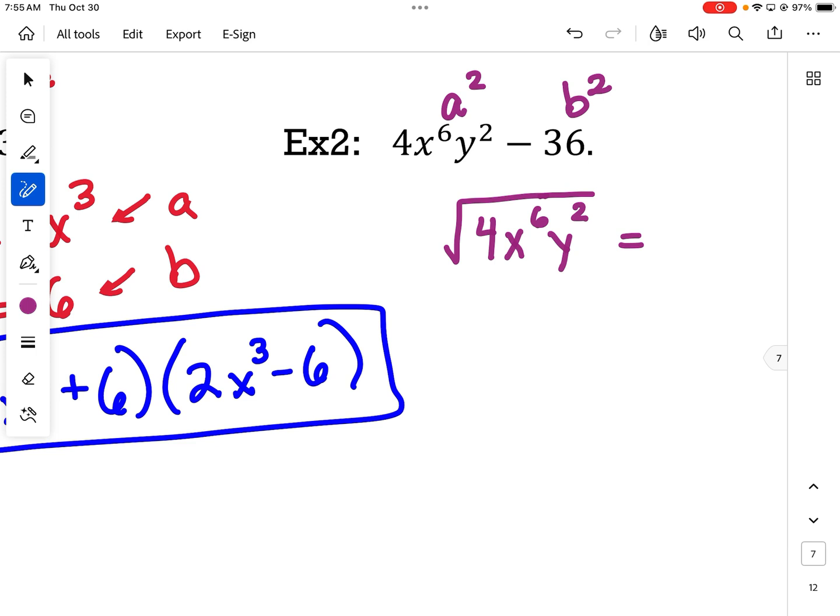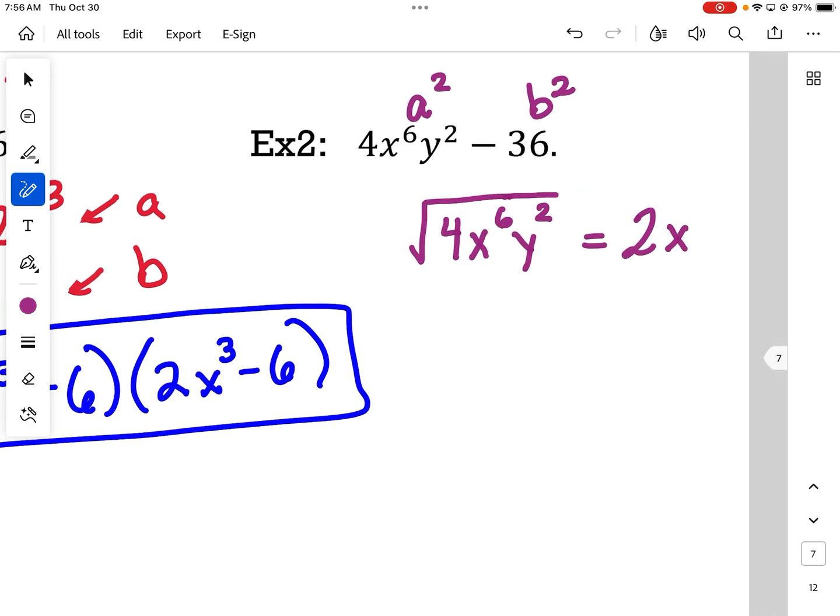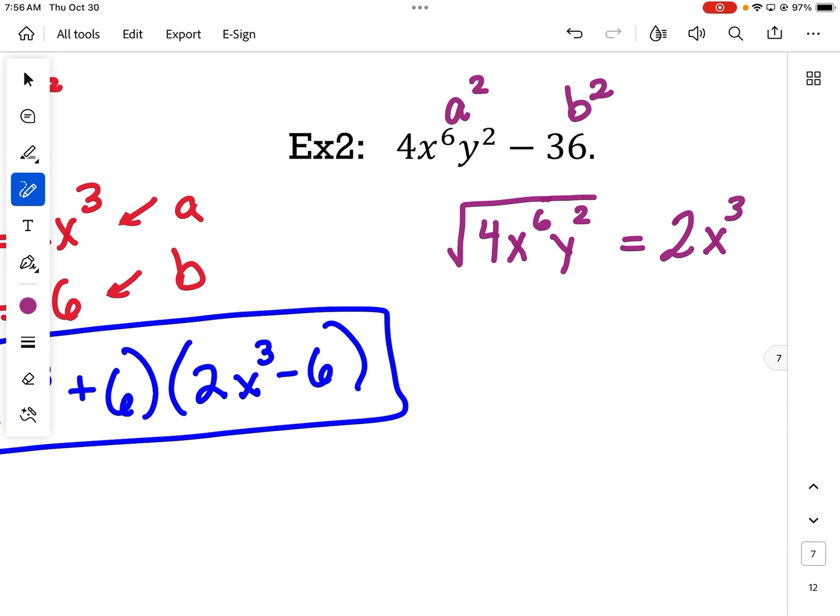So you do each one separately. What's the square root of 4? 2. And then whenever you have the exponent, remember you half it. So what is x's exponent going to be? Half it? 3. And then y squared? Just y to the first.